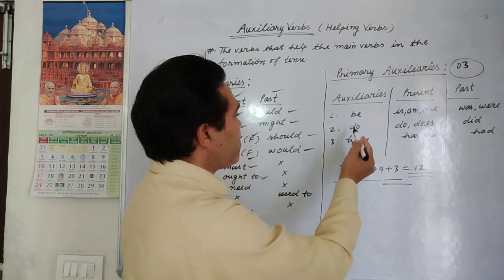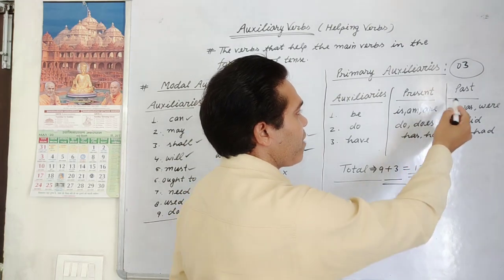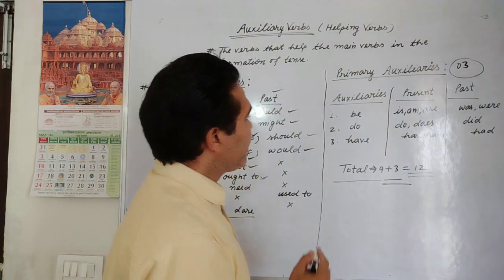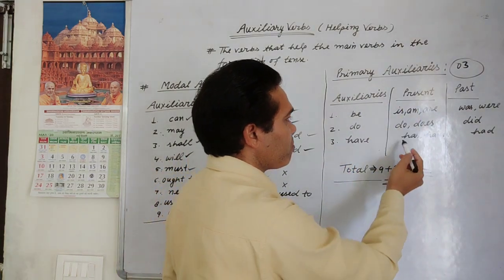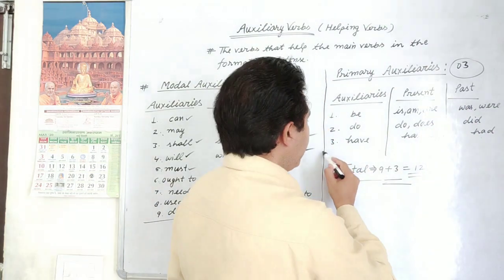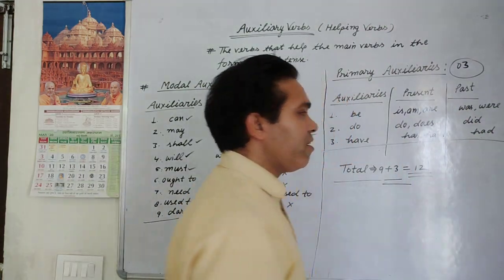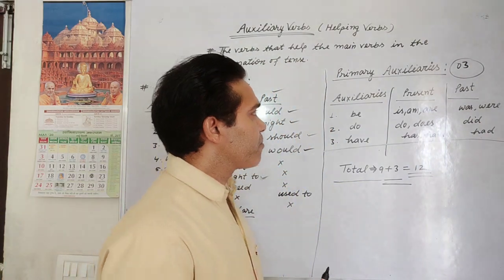Second auxiliary, do: present form do, does, and past form did. Next, third auxiliary, have: present form has, have, and past form had. These we have done in tenses. When we did tenses, we have done these all.